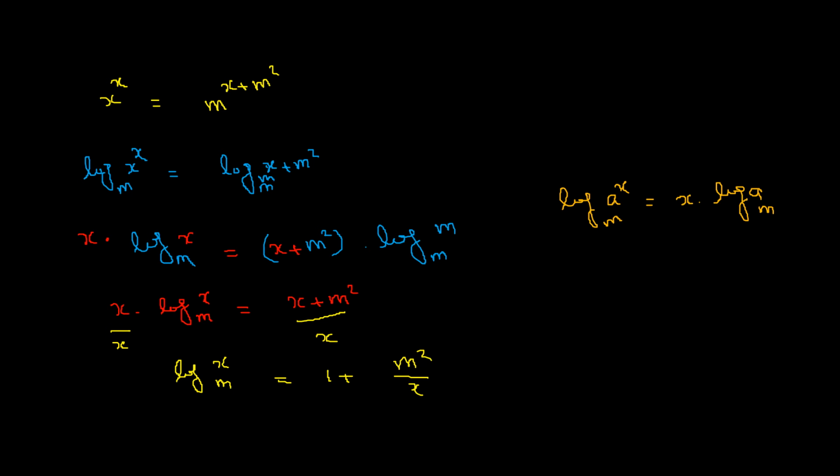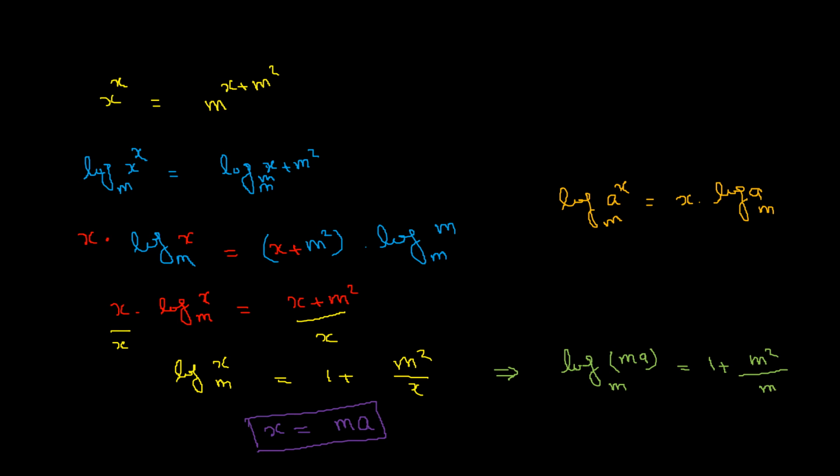Okay, so now we assume that x equals ma. That is our assumption. When we plug this x equals ma in here, we get log of ma with base m equals 1 plus m squared over ma.